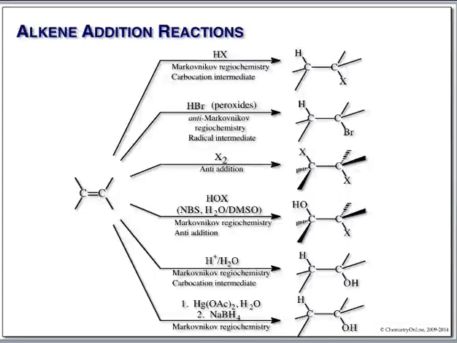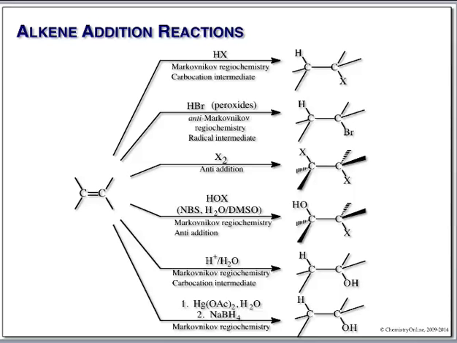You will say to yourself, this is going to have Markovnikov regiochemistry. Regiochemistry describes the region of the molecule where things will go. So Markovnikov regiochemistry means we're going to add our nucleophile to the most stable carbocation.